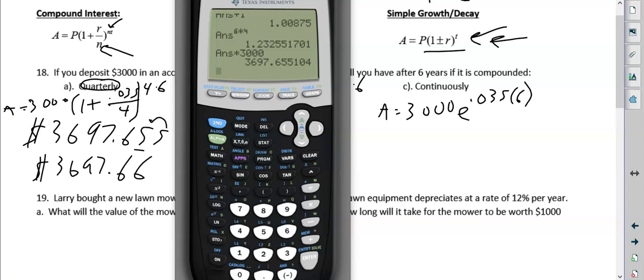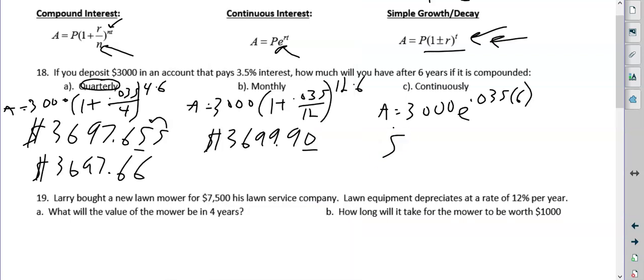So second e, ln gives us e, 0.035 times 6. And look, it's almost the exact same as before, times 3,000. It's almost the same decimal. This time we get 37.01 and 3 cents. Notice the 4 says round down, so it stays 03.